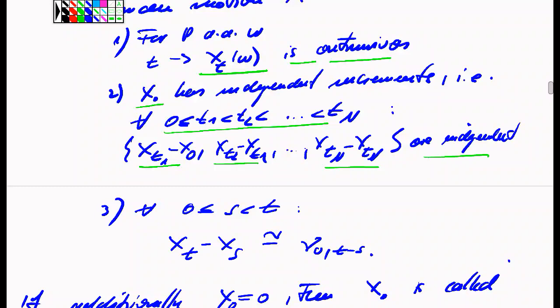So in other words, the displacement that you observed in a previous time interval will have no statistical influence on the displacement that you observe in another time interval. Of course, the actual positions will be related and there will be correlation, but the changes of the positions, when you compare the position of the molecule at the pairs of boundary points of the time intervals, these displacements are independent.